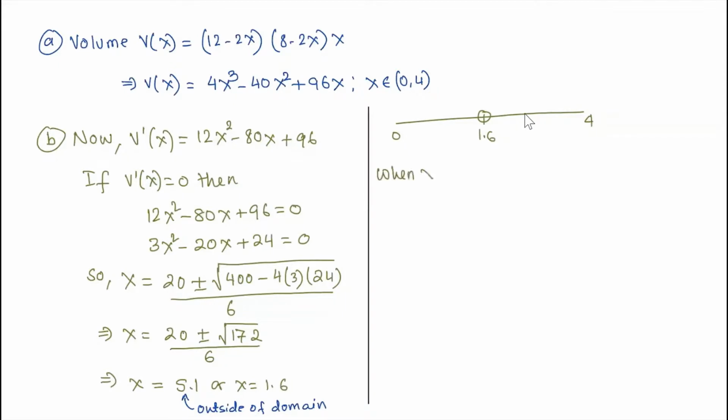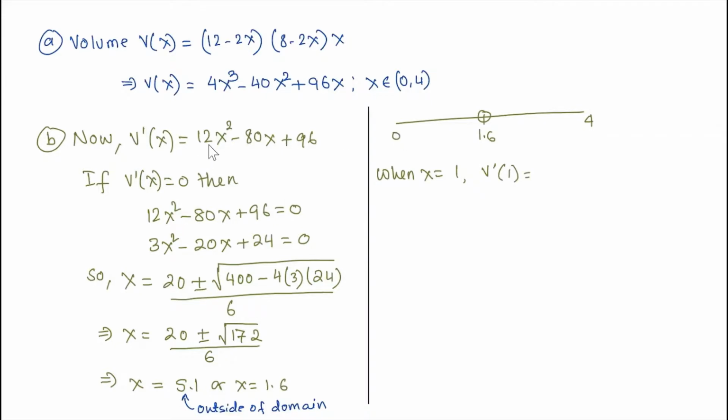So when x is 1.6, now you can plug in 1. If you plug in x equal to 1, the first derivative at 1 is equal to, I need to plug in 1 into this first derivative.